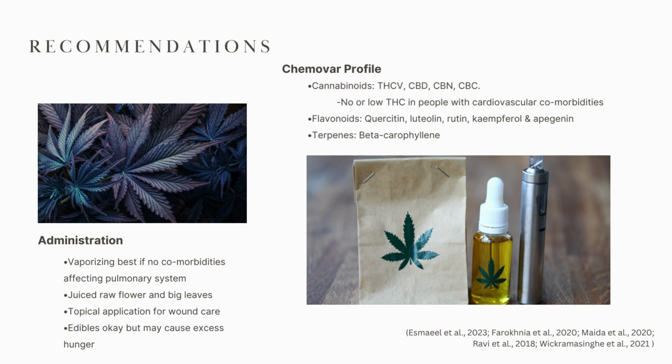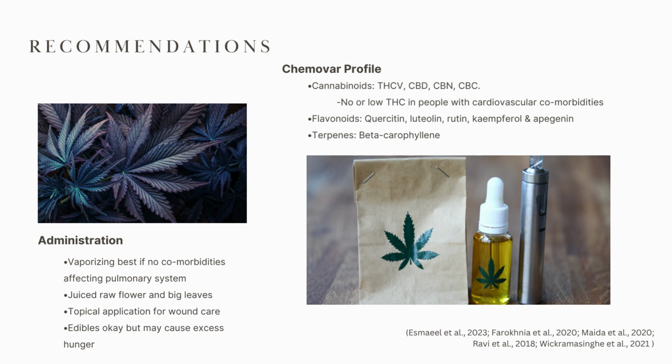However, if you have cardiovascular comorbidities or a patient is taking certain medications like benzodiazepines, NSAIDs, we need to evaluate from a clinical standpoint, and I think the person should really be guided by a cannabis-educated healthcare professional. So, it's safer if you want to do it on your own to just try THCV, CBD, CBN, CBC together and omit the THC if you're an at-risk patient.